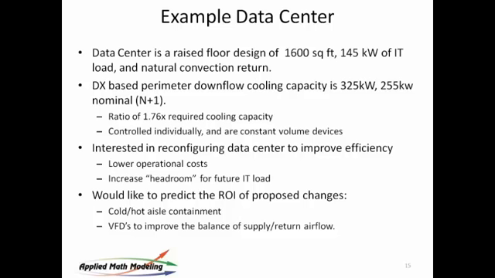And so your cooling system effectively becomes a variable device that will go up and down. And that together with containment of some kind, cold or hot, I tend to prefer hot, but either one, are really the things that you look at to improve the overall efficiency in the room.